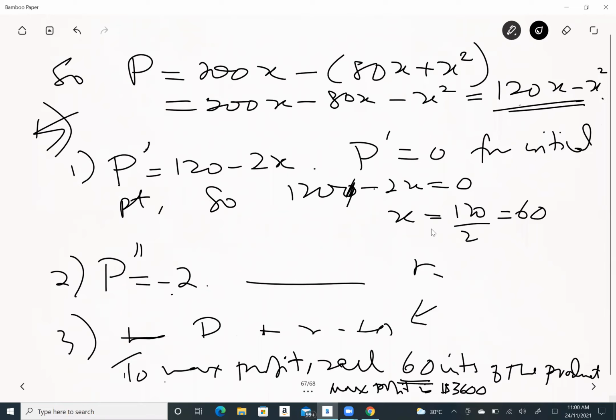Monopoly is example number 5. The only difference will be the revenue. So, if we follow the example, the cost, again here, they give you average cost. So what you need is to get the cost from average cost. And then we get the revenue.